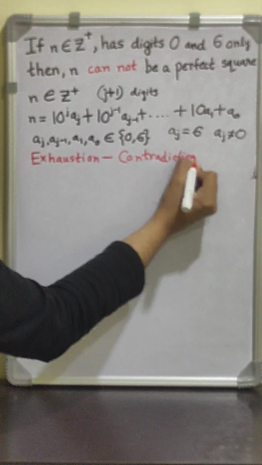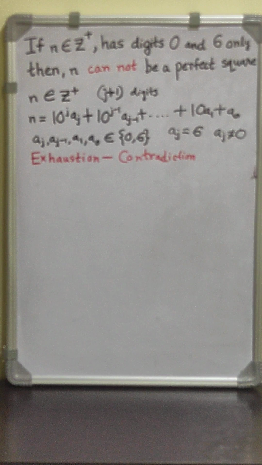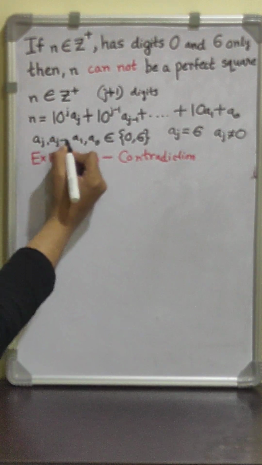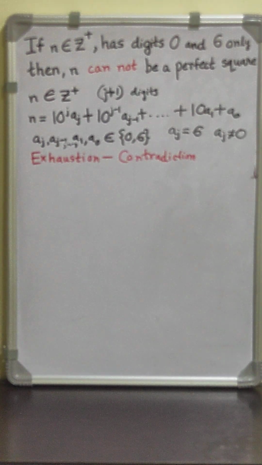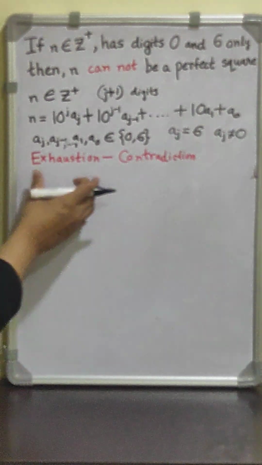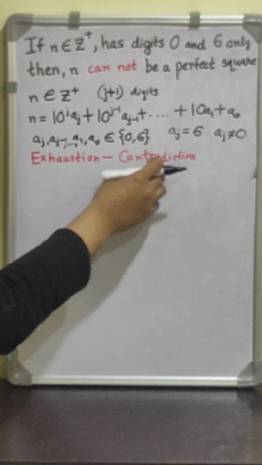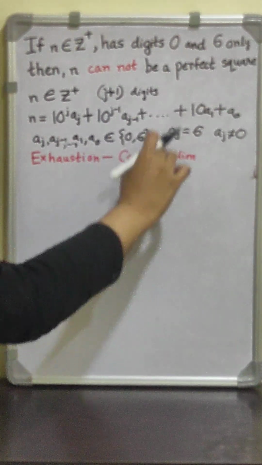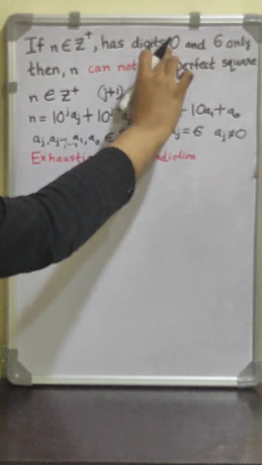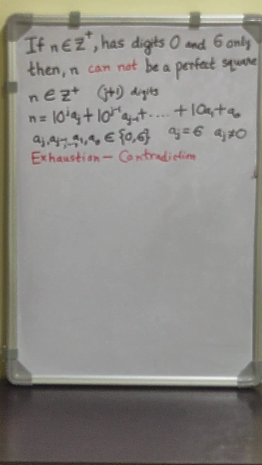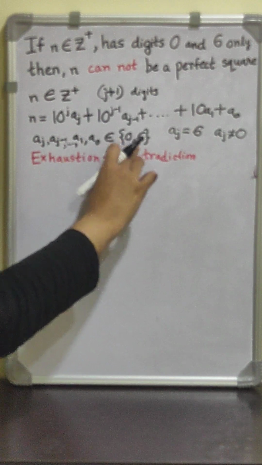There should be some dots here because there are not really 4 digits, there are j plus 1 digits. To use exhaustion and contradiction, I will have to assume something, exhaust all the possible cases, and contradict some property of a perfect square to prove that n cannot be a perfect square with this given condition.